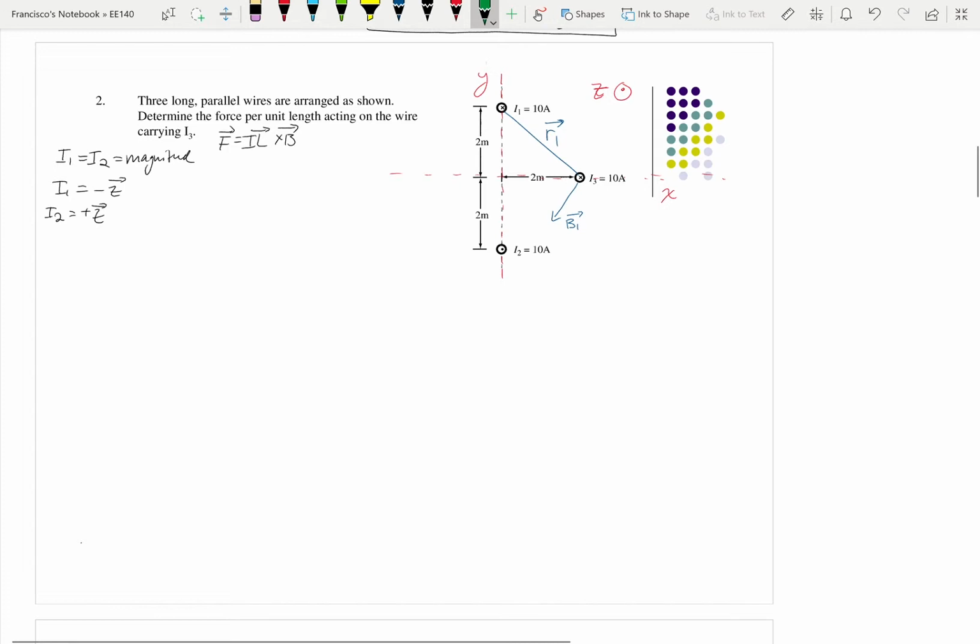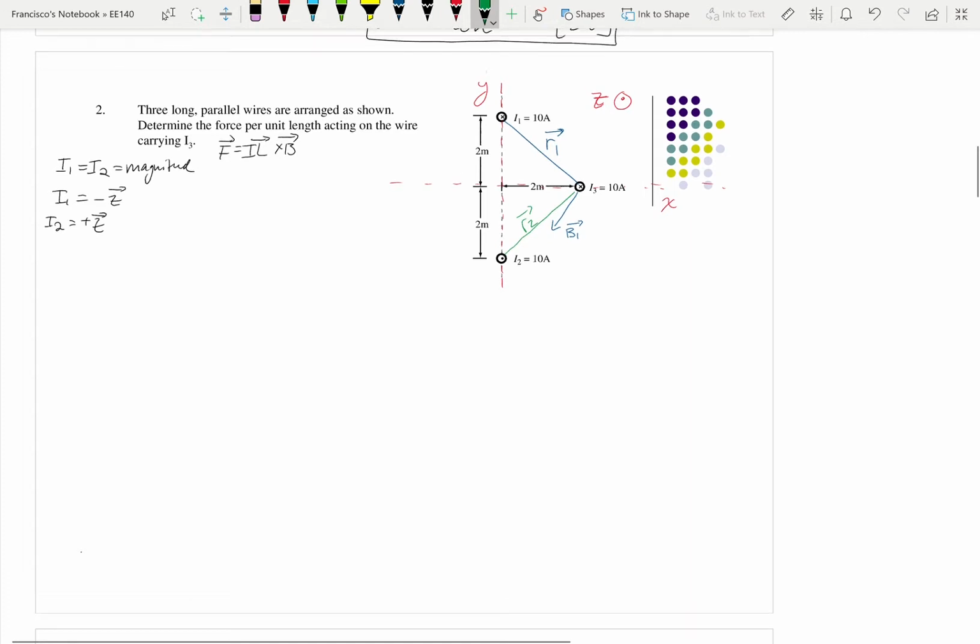Now for I2, this distance right here, let's call this R2. And then we also, by Biot-Savart's law, we know that the direction of the magnetic field acting on the wire carrying I3 due to I2 is going to go this way here.